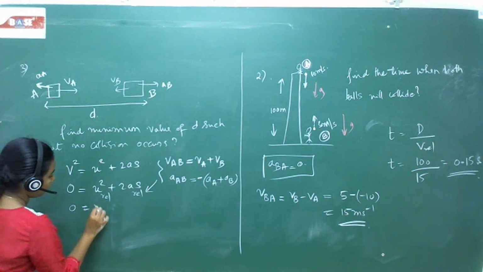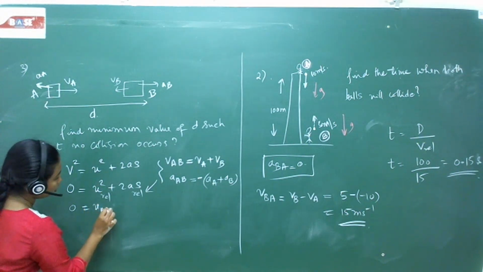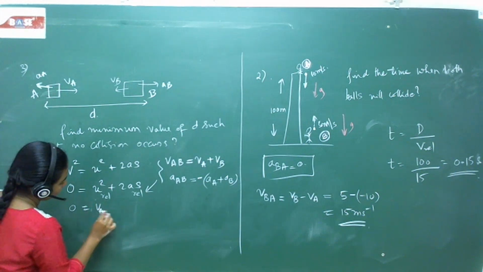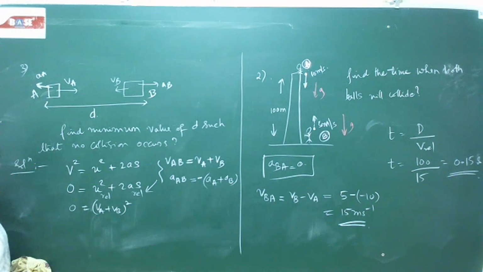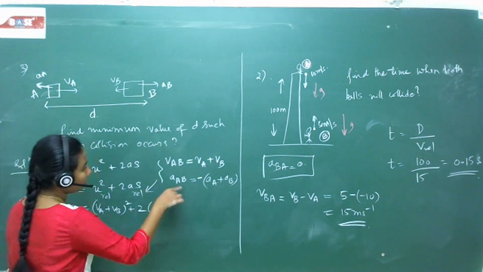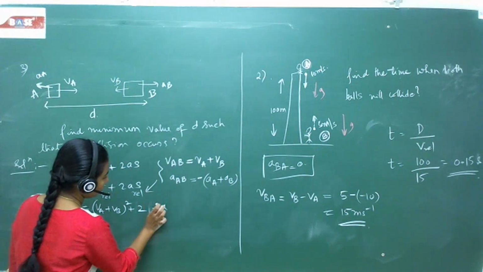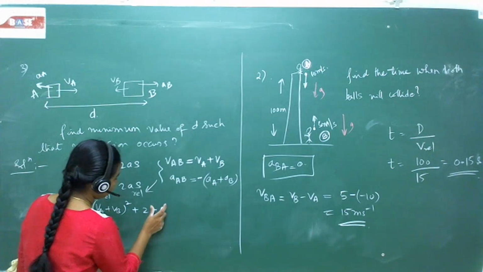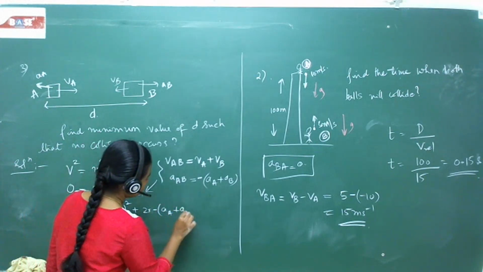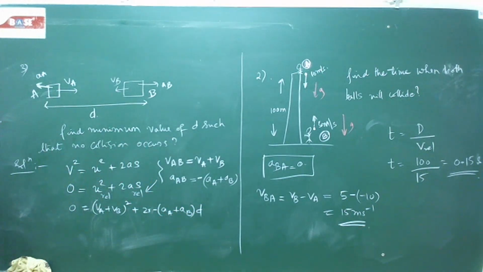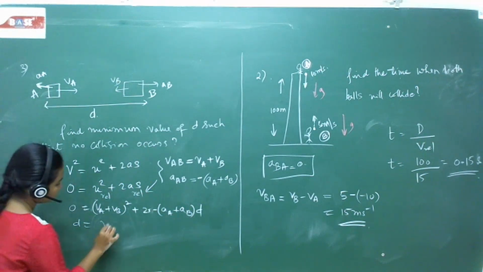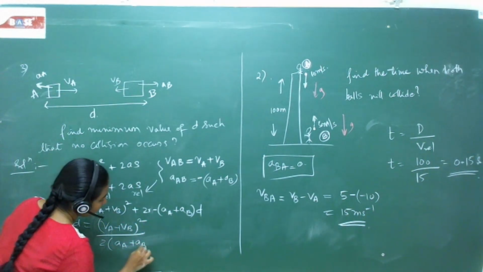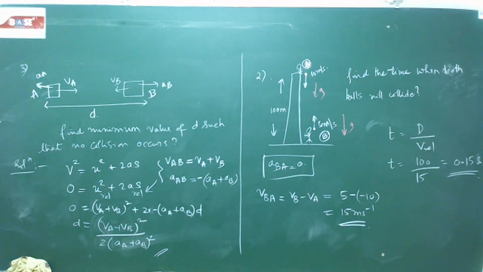So simply I'll put these two in the equation, that is, 0 equals UA plus UB whole square, or I'll take it as VA plus VB whole square, plus 2 into relative acceleration, 2 into minus of AA plus AB, and S is D. So your D value is equal to VA plus VB whole square divided by 2 times AA plus AB.